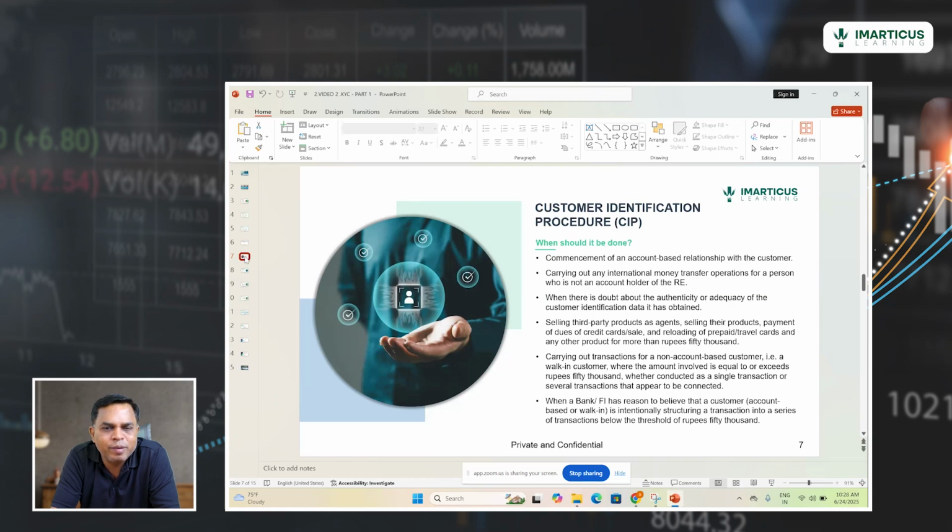So the CIP becomes very important for this. The third factor is whenever the bank has a doubt about the authenticity, or does not have sufficient or adequate information about the client, the bank has to perform the client identification process.